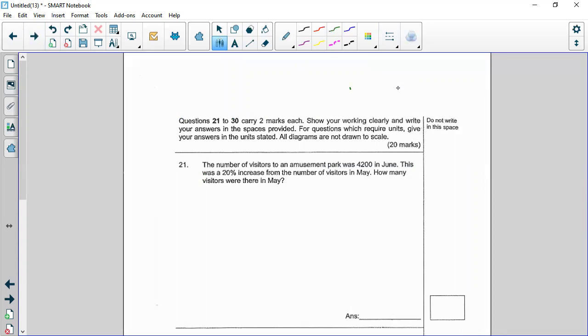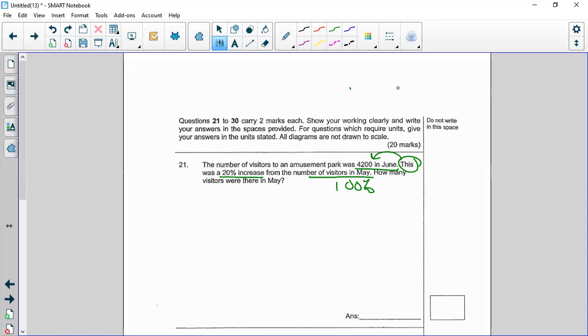The visitors to an amusement park was 4,200 in June. This means June. This was a 20% increase from the visitors in May. So again, before you can increase by 20%, you must always start with 100%. So where is 100%? May.